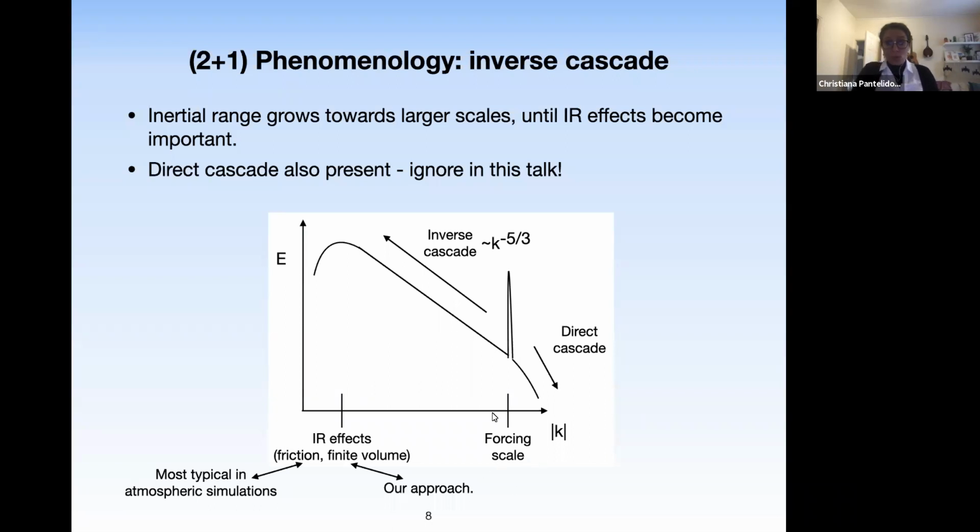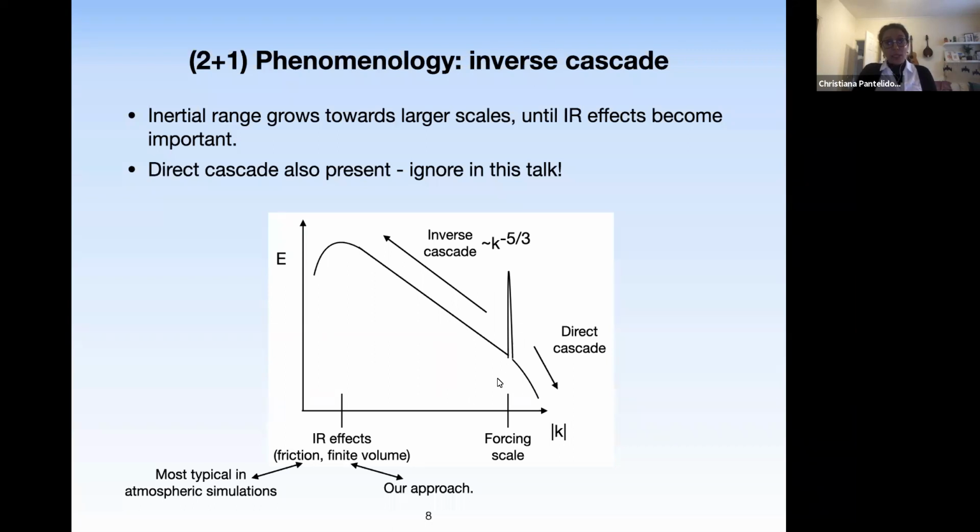Okay, so we once again have a steady or quasi-steady state. Now, I said that here we have inverse cascade. Actually, that was not very precise. We also have a direct cascade that goes to higher momenta, but I will completely ignore it in this talk. So just forget about this point.